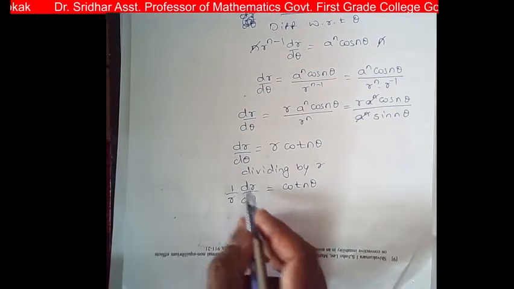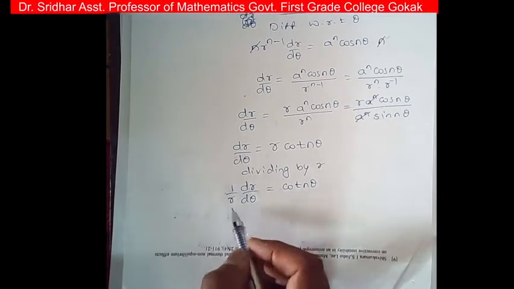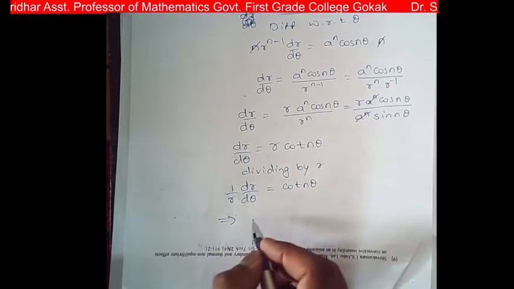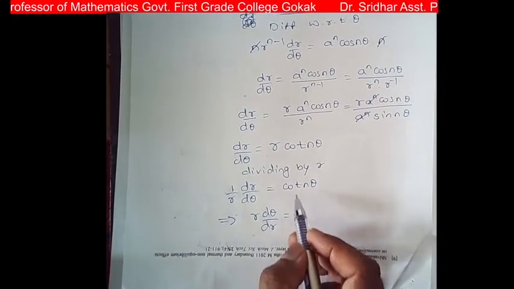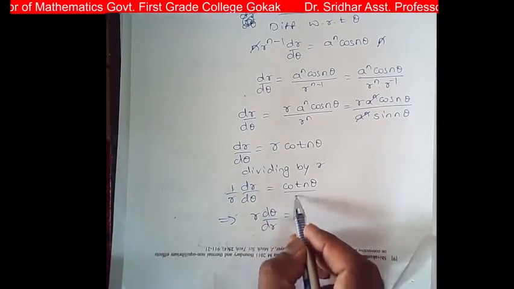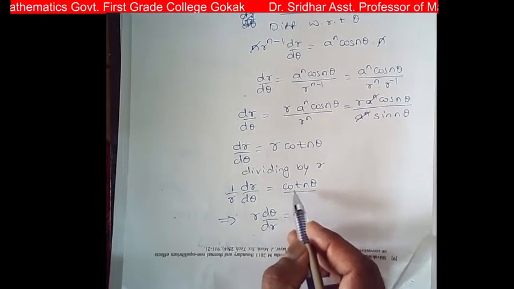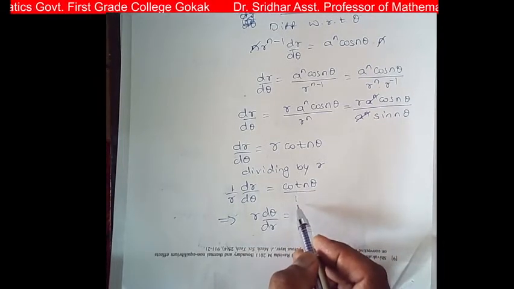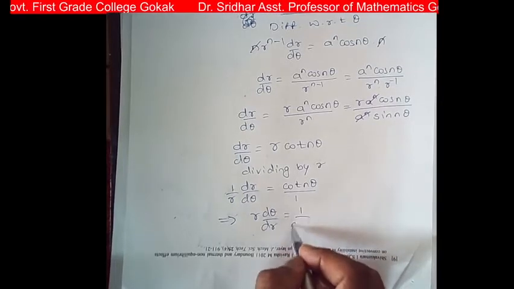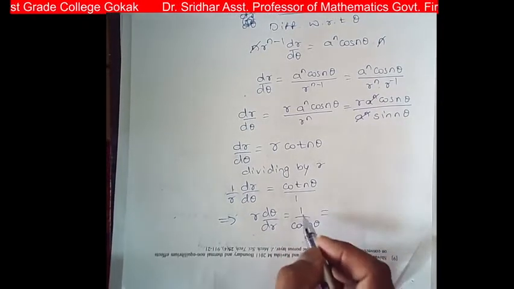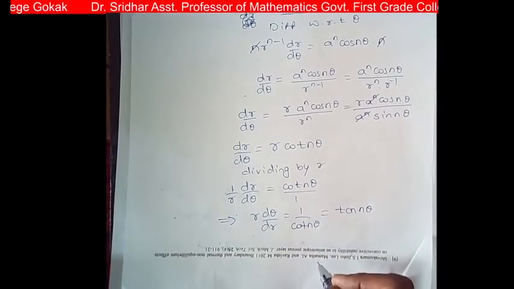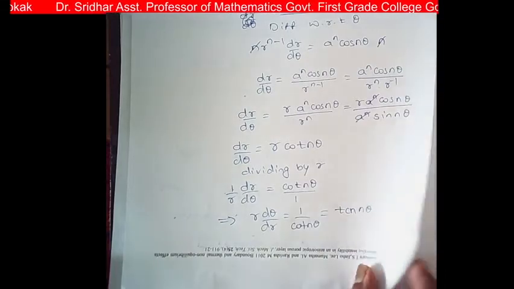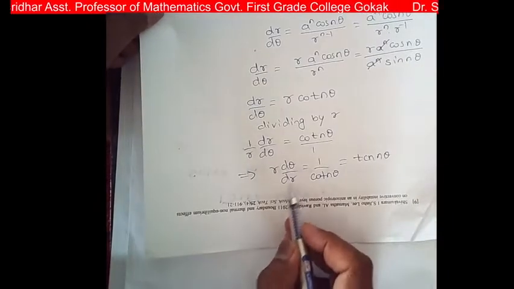Now reversing this, it implies r into d theta by dr is equal to 1 by cot n theta, which is tan n theta. Or in other words, this is nothing but what?